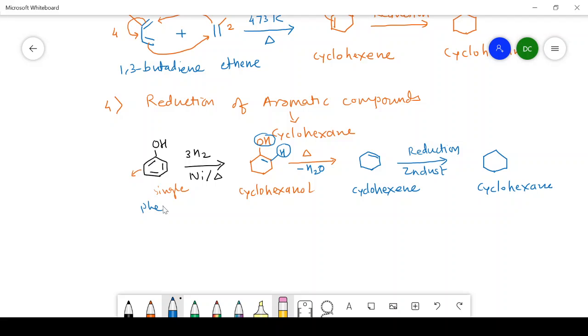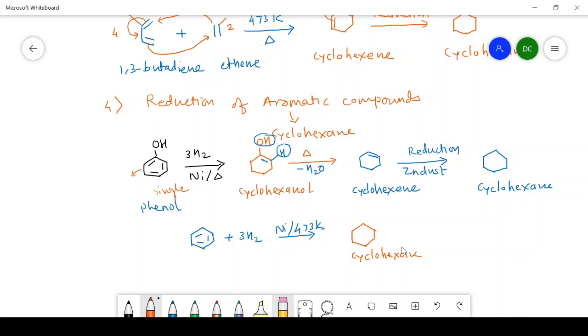This is the phenol. Now, we can reduce a benzene also, and in the reduction of benzene, what happens? It is treated with 3 H2, three molecules of hydrogen, in presence of nickel and 473 Kelvin. The three double bonds that are present in the benzene are converted into single bonds and we directly get a cyclohexane.